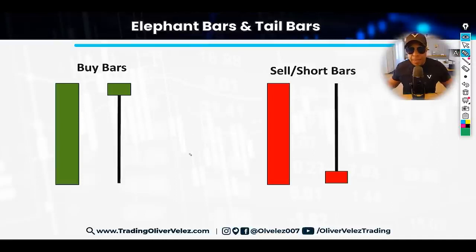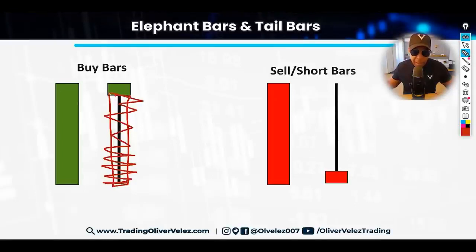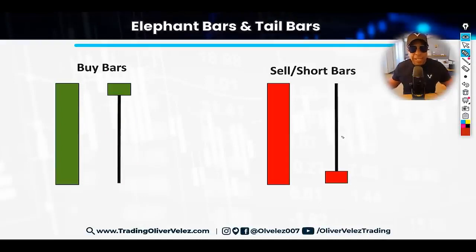But in reality, a tail bar is also big money at play, because this bar at one point was red, and the red got eaten up, and then it went past the red to produce green. That's the comeback story. Your tail bar is the comeback story.